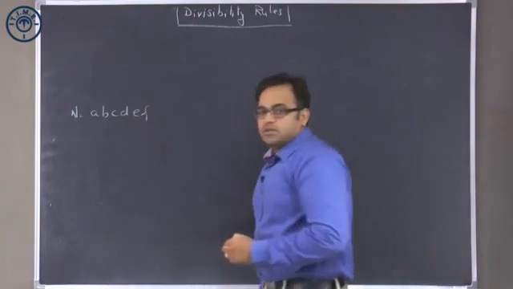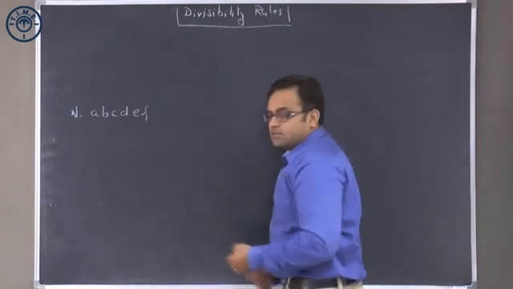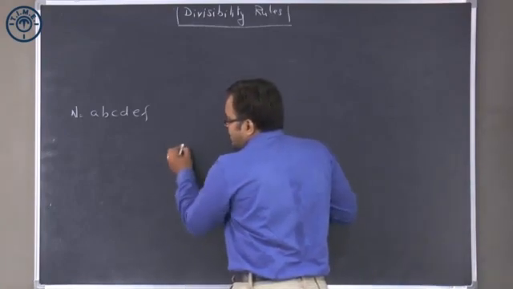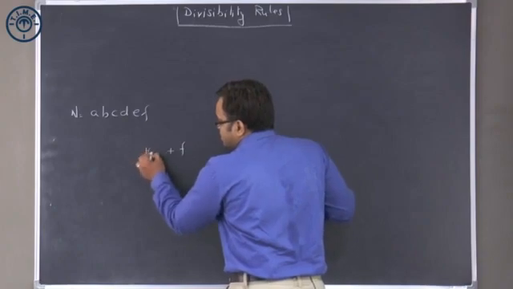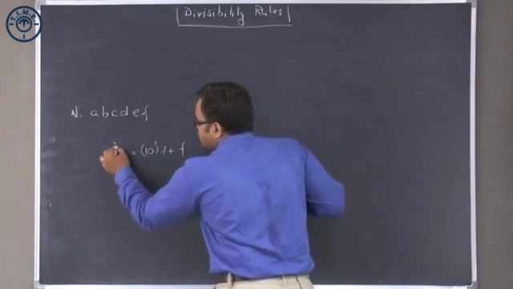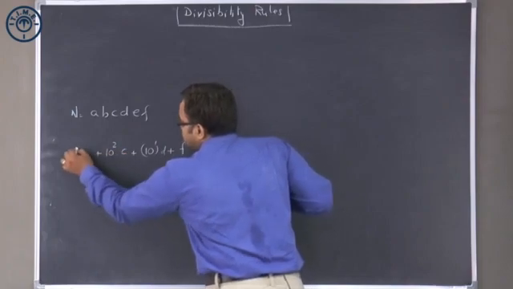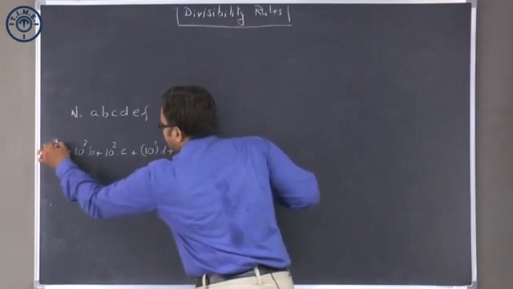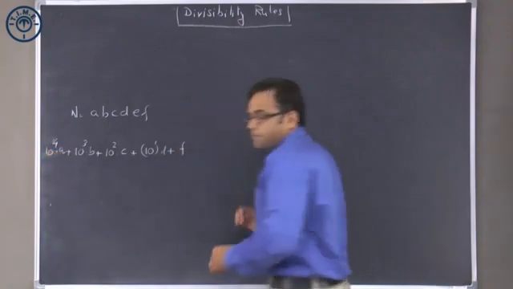abcdef. Now this number, if I write it in the base 10 format, can be written as f plus 10 to the power 1 into e plus 10 square into d plus 10 cube into c plus 10 to the power 4 into b plus 10 to the power 5 into a.